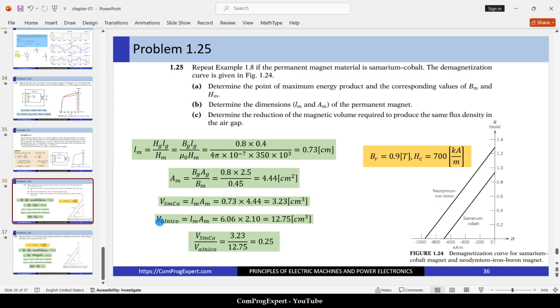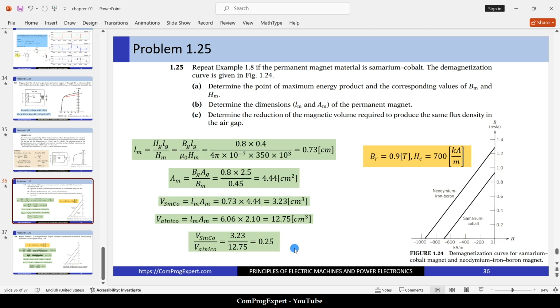What was the volume of the alnico magnet? It was equal to 6.06 times 2.1, that is equal to 12.75. The ratio is 0.25. The volume of the samarium cobalt magnet is just 25% of the alnico.